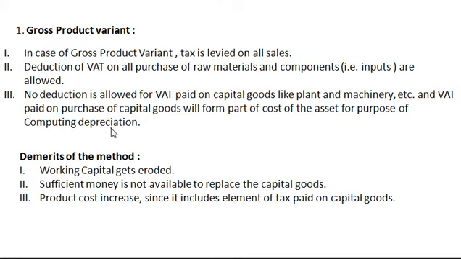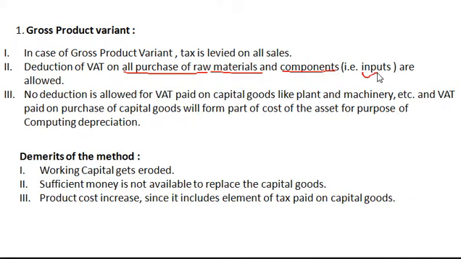depreciation. So in gross product variant, VAT is levied on all sales which take place within the states. Normally we call it as an intrastate sales. Further, VAT credit is allowed on all purchase of raw materials and components.